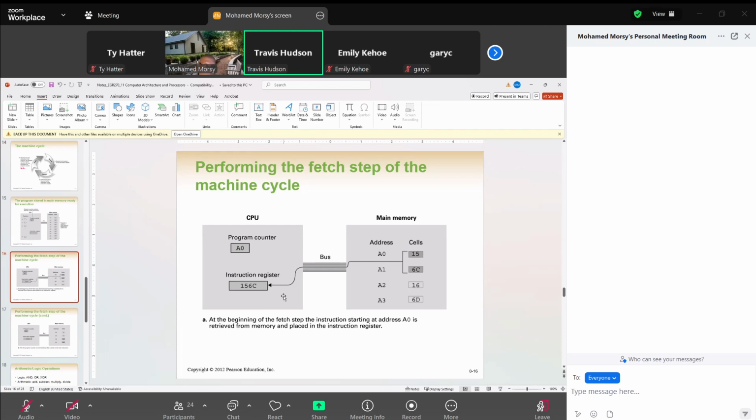We're loading 5 with 6C. 1 is load, right? When this instruction is carried out, what is the new one we can see here? The one after that we're going to fetch is going to be 166D.